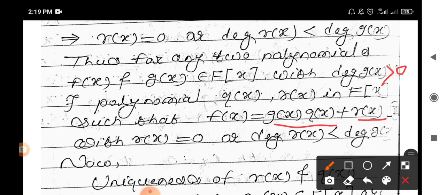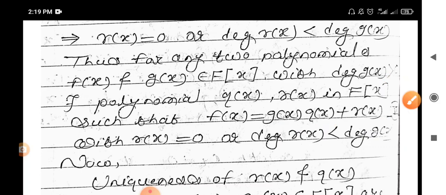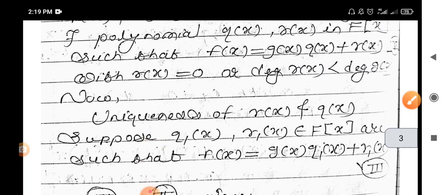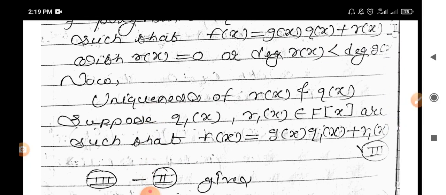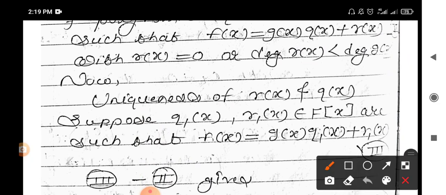Now for the uniqueness of r(x) and q(x), let us take q1(x), r1(x) belonging to F[x] which also satisfy f(x) is g(x) into q1(x) plus r1(x), called equation number 2. Subtract equation 2 from equation 1.